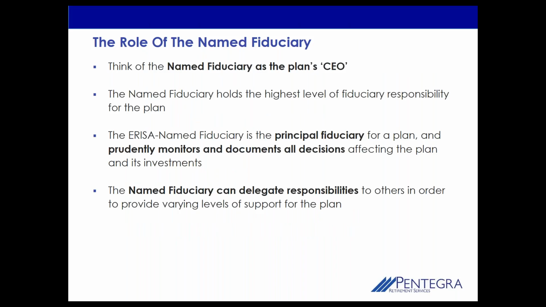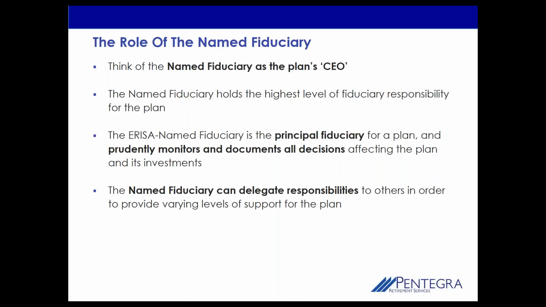Okay, so we're going to move on to breaking down the roles here. If I think about the role of the quote-unquote named fiduciary in a retirement plan, think of the named fiduciary as the CEO, somebody who heads up, quote-unquote, the organization or the job duties, if you will. All of the ultimate responsibilities end up flowing to the named fiduciary. The named fiduciary is a principal fiduciary of the plan.